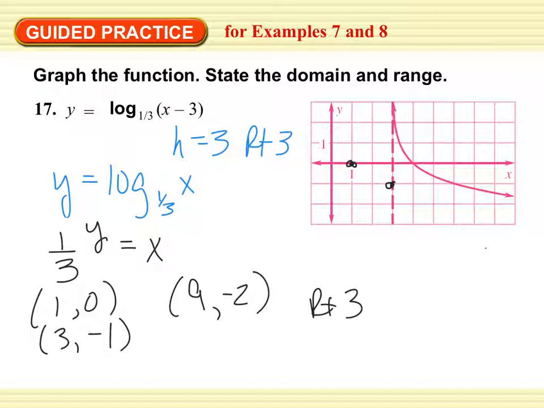Down 2. 1, 2. So now we're going to move it. Right 3. 1, 2, 3. We have our new graph. So here my domain is going to be x is greater than 3, and my range is all real numbers.